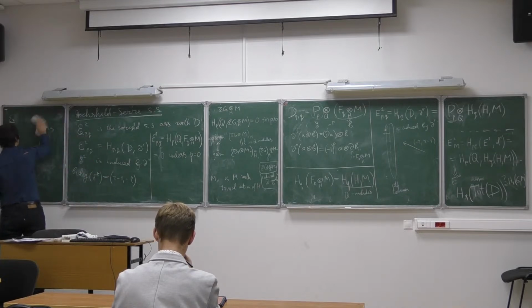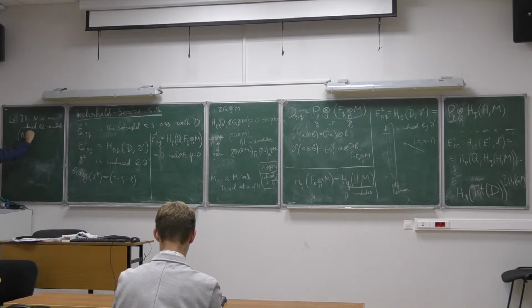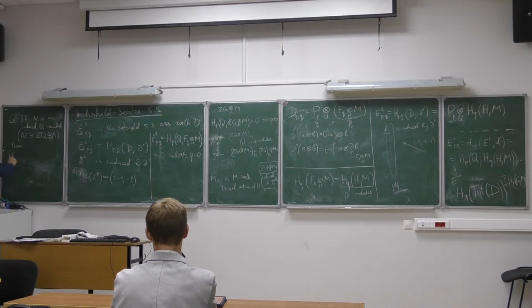So it is a good exercise that if N is an induced Q-module, which by definition means that N is the tensor product over Z of ZQ with some abelian group, then the homology of Q with coefficients in N is 0 in dimensions not equal to 0.